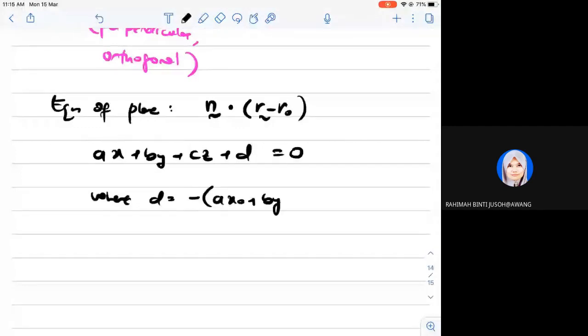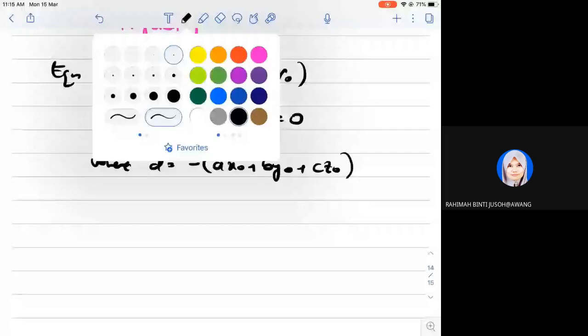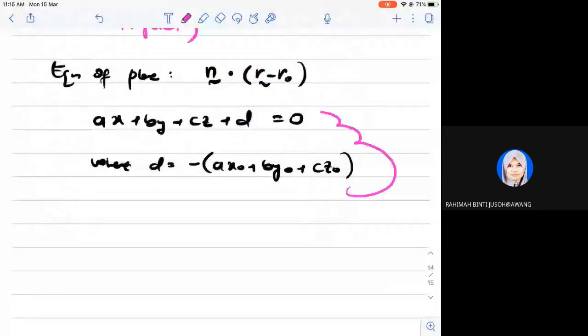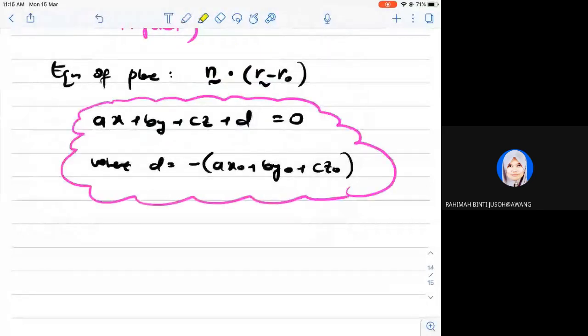This formula actually comes from the earlier one. It is the same thing, just simplified.